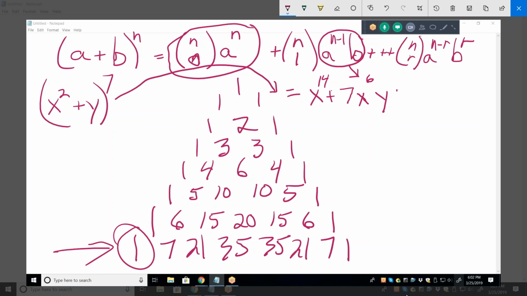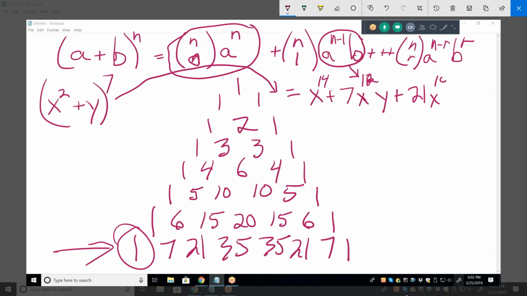What's the next term? 21x. This should be x squared to the 6th power. Sorry. Okay, so this is 21 what? x to the 10.